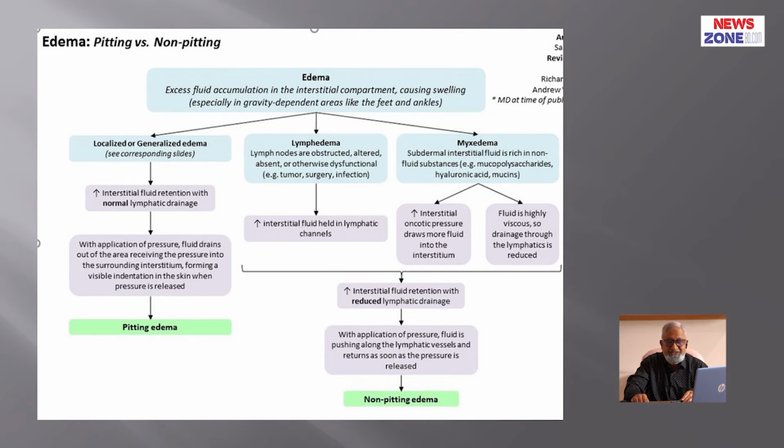So, drainage through the lymphatics is reduced. Ultimately, this results in increased interstitial fluid retention with reduced lymphatic drainage, leading to non-pitting edema. When pressure is applied, fluid is pushed along the lymphatic vessels and returns as soon as the pressure is released.